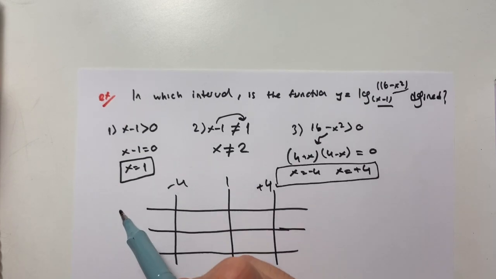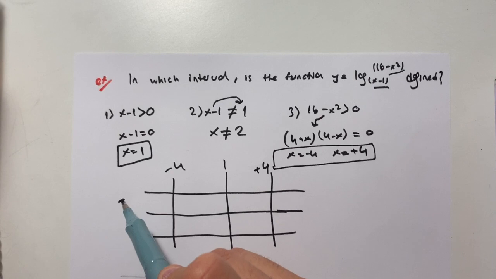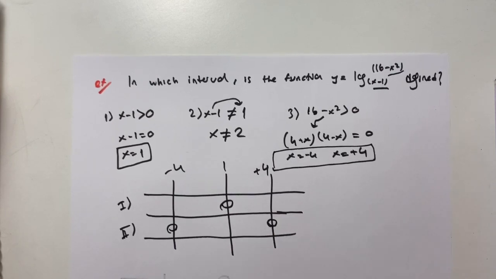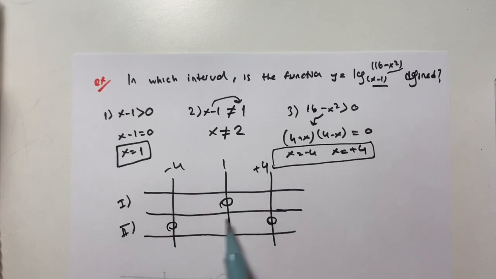For the first function, we have the root 1. And for the second function, we have the roots -4 and +4. As you know, these roots are not included in our interval also. And let's place the signs.